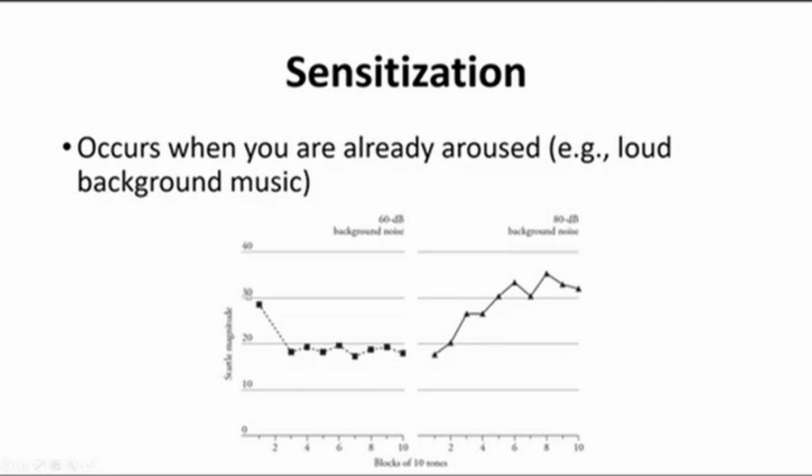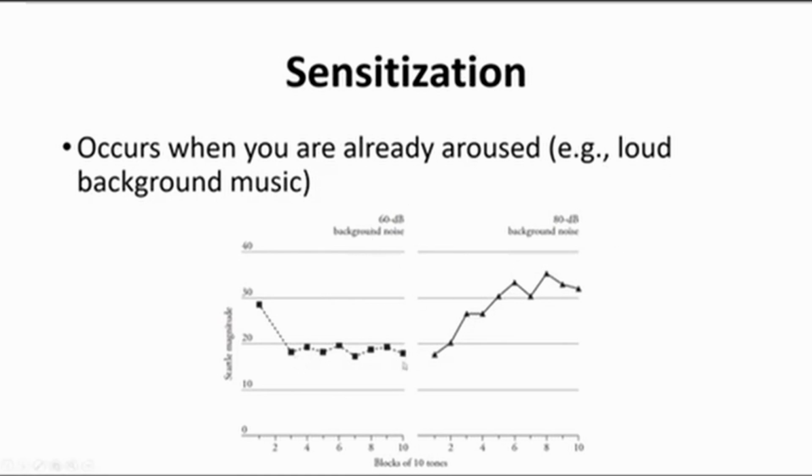It's around 30. Our units don't really matter here. It's just that that's a fairly high number. And then after that, when it's presented again and again and again, we see that that responding goes down quite a bit. So we would say that this is habituation because that responding to that particular stimulus has decreased.